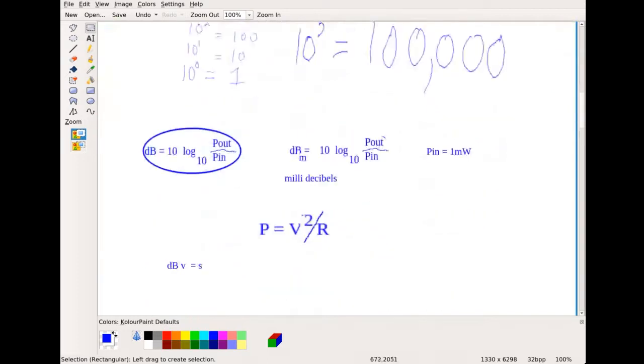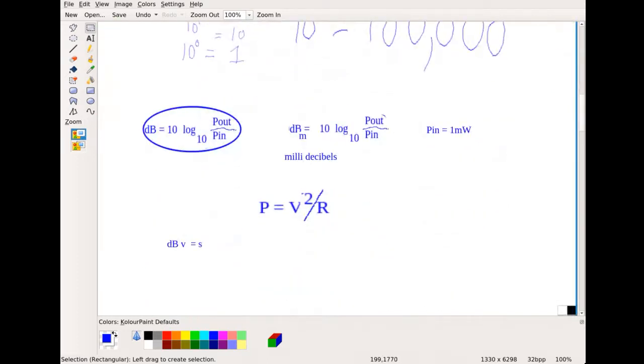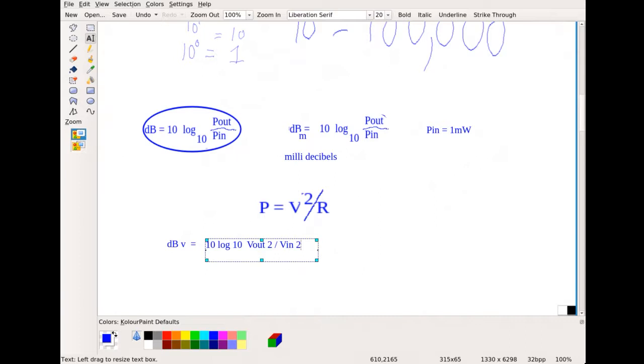So if you take this equation up here and put in the V squared, we end up getting 10 times log base 10 of V out squared divided by V in squared.